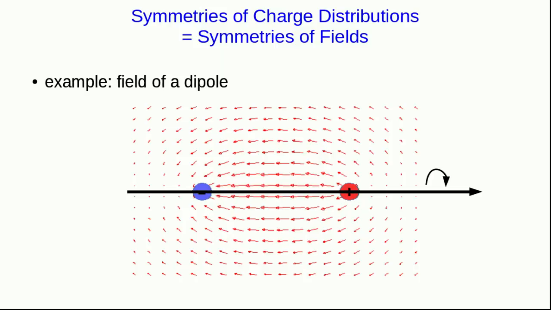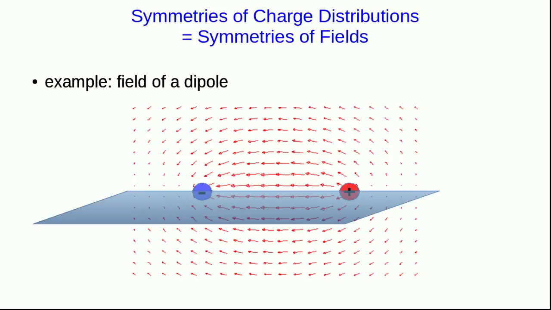So if you think of an axis that passes through both of the charges, clearly rotating about that axis doesn't move the charges, and similarly, it will not change the field. Similarly, a reflection through any mirror plane that passes through both of the charges won't change the field either, and it doesn't change where the charges are.